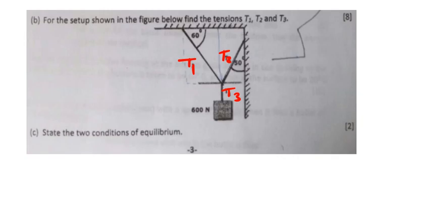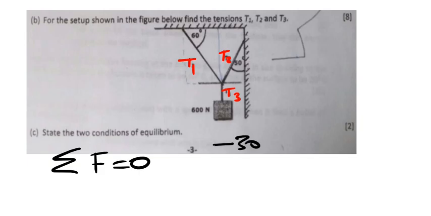Let's talk about the first one first. For a body to be in equilibrium, what are some of the things you're supposed to understand? You have to understand that the summation of all the forces should be equal to 0. Let me say you have a force of 30 acting in this direction, it is negative.